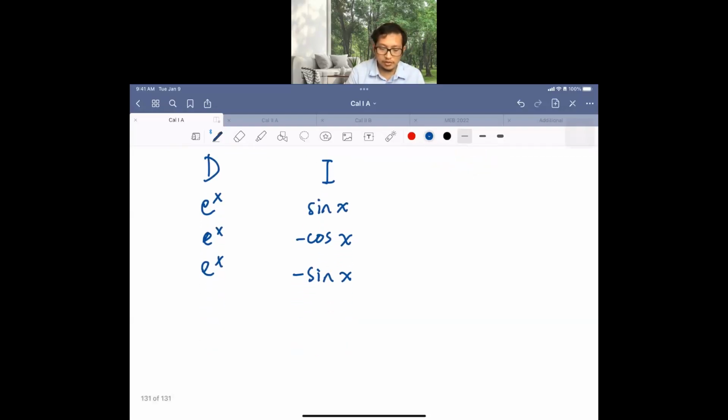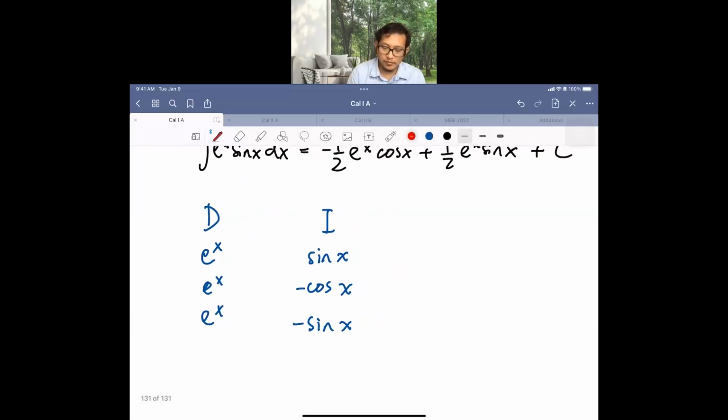We could take e to the x everywhere. We stop where we find that this is going to be the same structure as the original question. We have e to the x and sine x. This is the same structure. So we stop here. And then we multiply with the signs. We multiply here, and don't forget to multiply the last one.